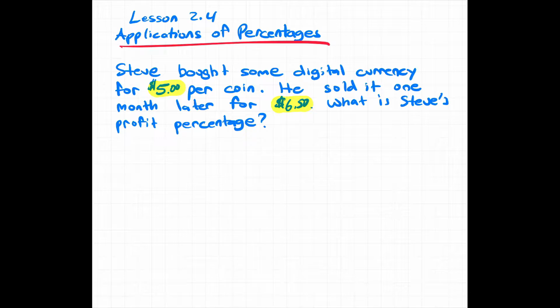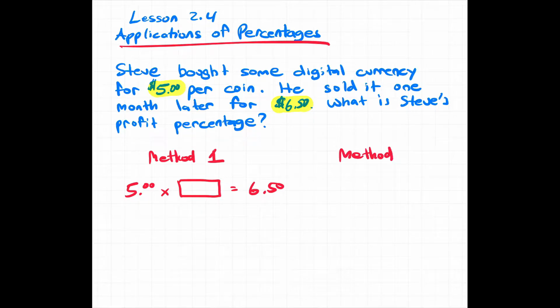Okay, so there's going to be two ways to do this. Method one, we're basically going to say he started with $5, and what percentage would we multiply that by so that it equals $6.5? Okay, and method two, we would look at it a little bit differently.